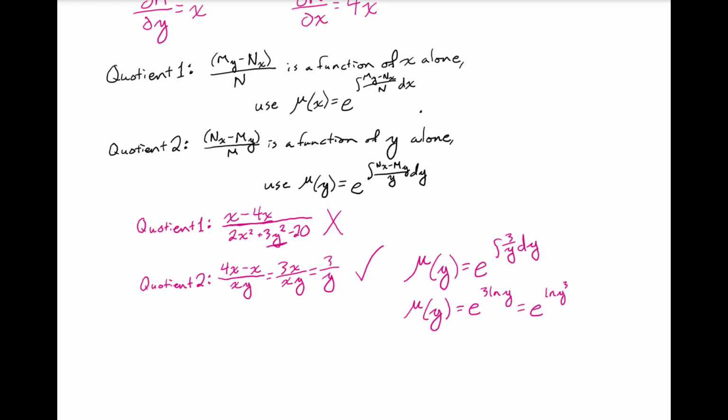And then we know e raised to a natural log results in just whatever is in the natural log. So this is all equal to y cubed. So our integrating factor is going to be y cubed.